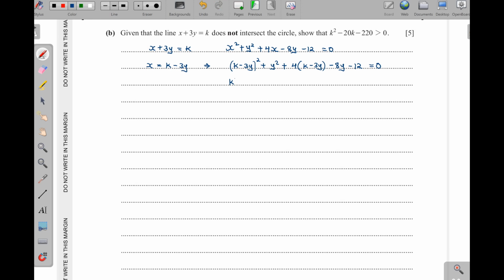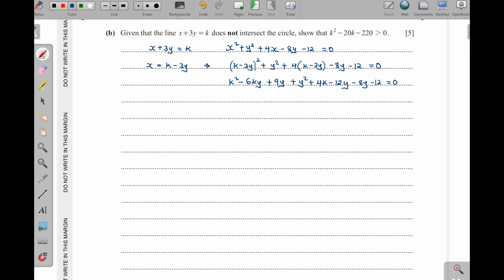This will be k squared minus 2 times k times negative 3y, that will be negative 6ky. Then squaring the 3y, it will be 9y squared, plus y squared, then plus 4k minus 12y, then minus 8y minus 12, which is equal to 0.